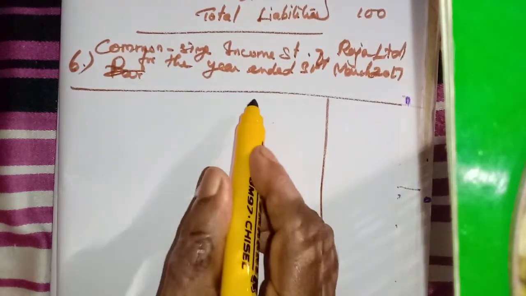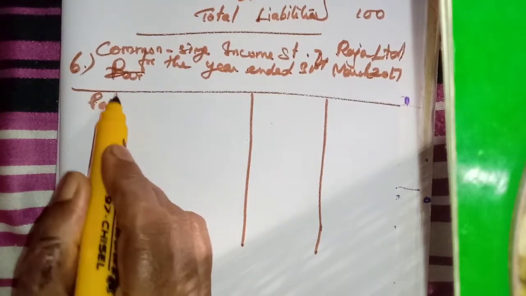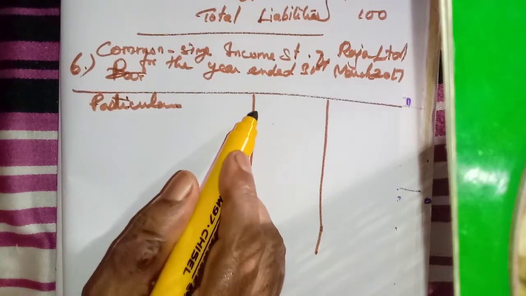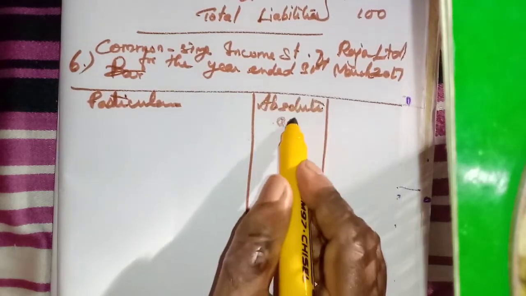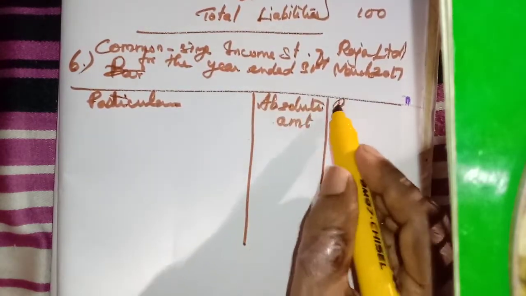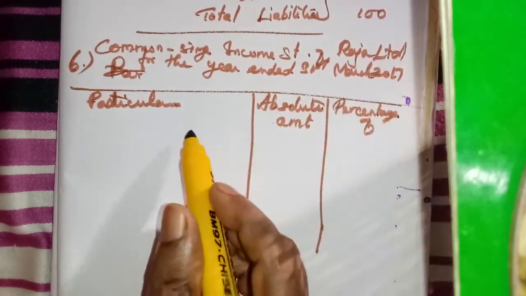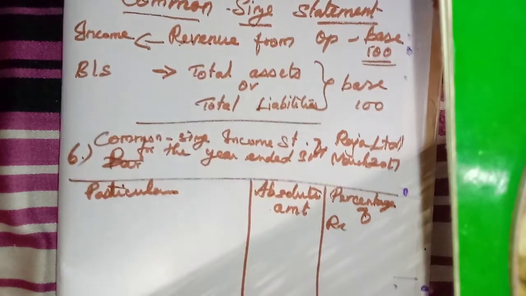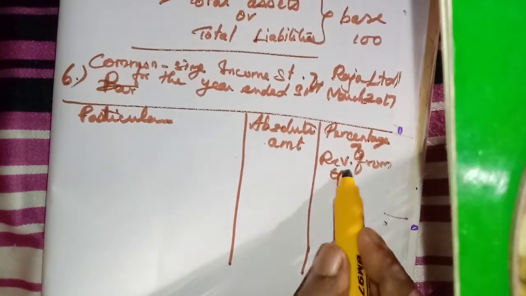Here 1, here 2. Here particulars. Then we should write the absolute amount, what is given there. Then we should write percentage of revenue from operation. Here you may not forget, common size statement, you have to think about the revenue from operation. So percentage of revenue from operation.